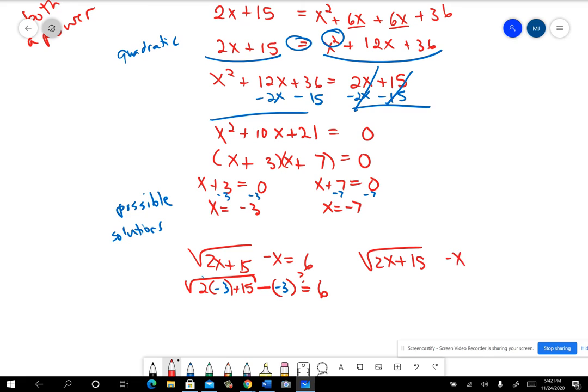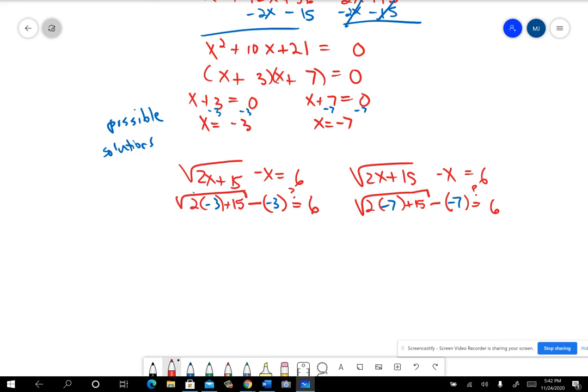Let me just write it again because I have to be so careful. And I'm going to do square root of 2 times, this time a -7, plus the 15, and that radical, minus, and then in place of x, put the -7. And I'm wondering if that will turn out to equal 6.